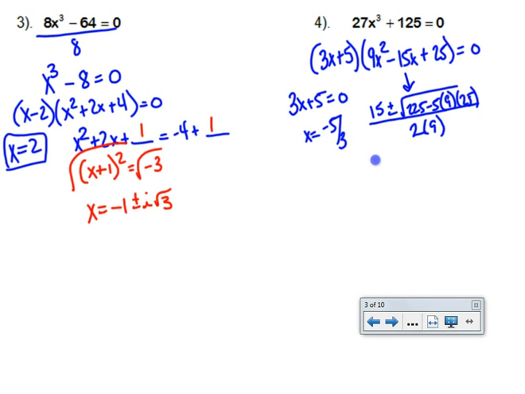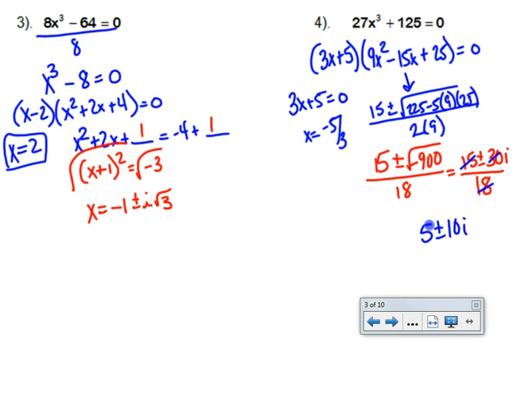In the radical, the discriminant comes out to -900, which is kind of awesome. -900 is, I think it's 30i, so 15 plus and minus 30i over 18. All of those coefficients can be divided by, oh goodness, a 3. So we have 5 plus and minus 10i all over 6. So there's my 2 complex solutions.